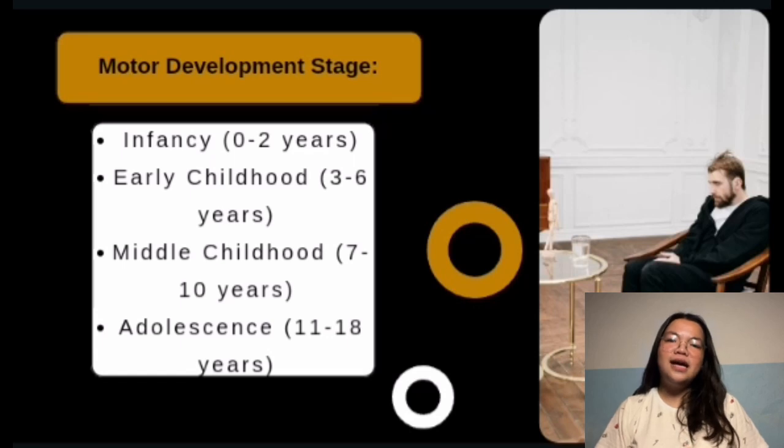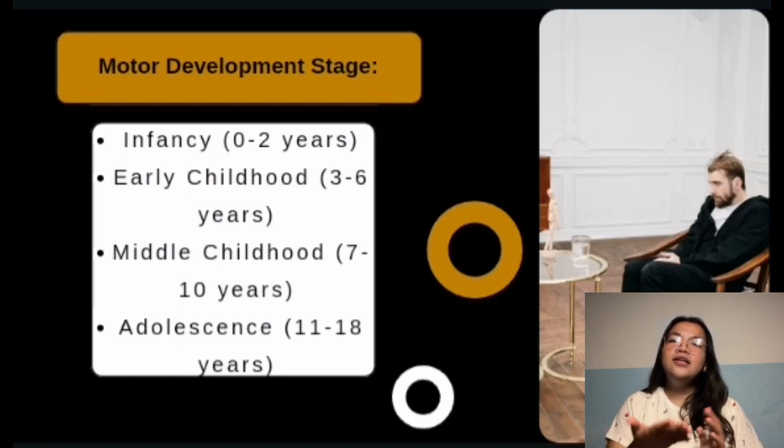Physical development has motor development stages. We have here infancy, early childhood, middle childhood, and adolescence. In infancy, from 0 to 2 years old, infants acquire fundamental motor skills such as grasping objects, crawling, and walking.